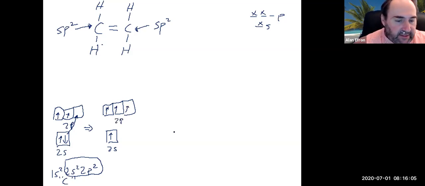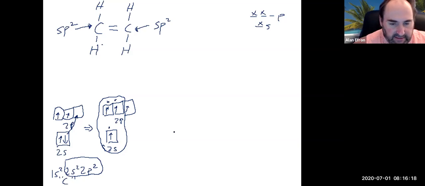And since it is going to hybridize as sp2, that means we're going to take this guy and those two. Now, since we hybridize 1, 2, 3 atomic orbitals, what that should give us is 3 equal in energy, equal in shape, as I draw it really badly, sp2 hybrid orbitals.